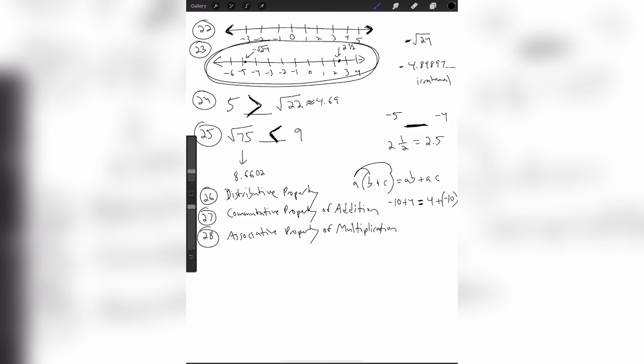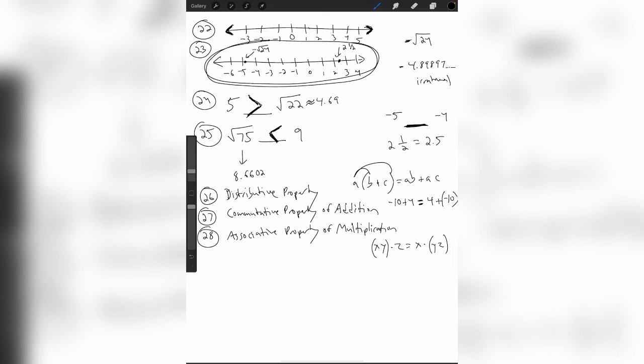The associative property of multiplication, what that basically means is, if I say xy times z is equal to x times yz, that's saying that if I'm multiplying everything, I can focus my efforts differently rather than saying x times y.